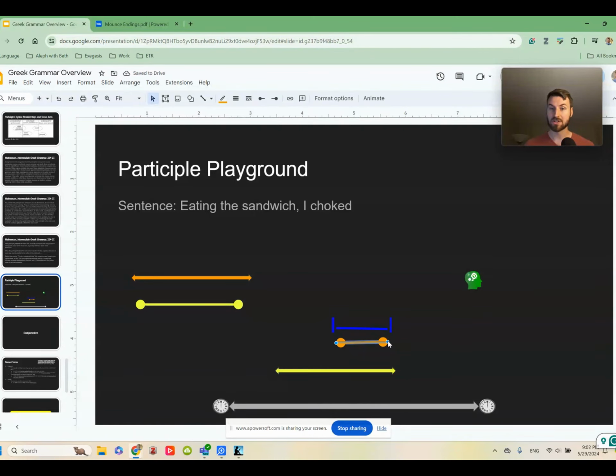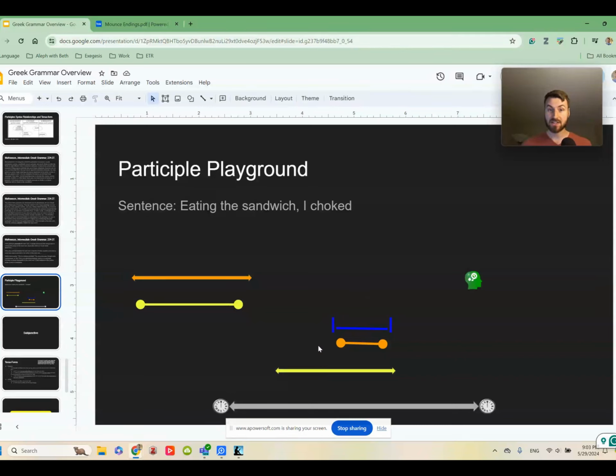Eating the sandwich, I choked. And so this is kind of what a participle does, it gives you background or supporting information that supports the main verb. So here, this is the background while eating the sandwich, and then I'm going to give you the main verb, what happened. That's kind of part of the story.